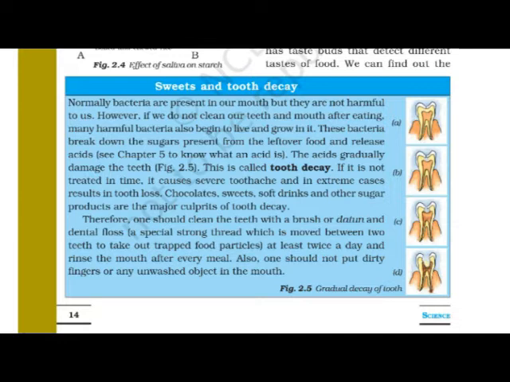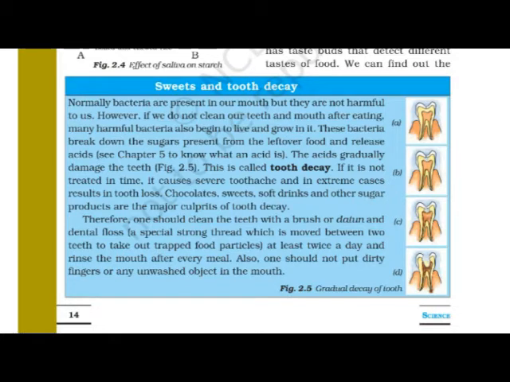Sweets and tooth decay. Normally bacteria are present in our mouth, but they are not harmful to us. However, if we do not clean our teeth and mouth after eating, many harmful bacteria also begin to live and grow in it. In every human's mouth there is a presence of bacteria, but these bacteria are not harmful.